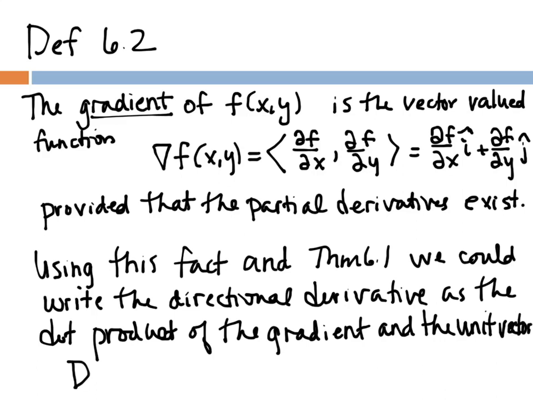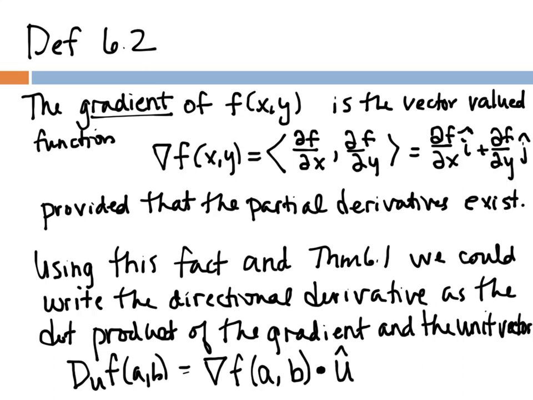In other words, D u of f at a b could be written as the gradient of f at a b, or we could use x y, that'd be fine. And it's the dot product, right? It's actually a dot there, not multiplication, but it's a dot product because these are both vectors, the gradient and the vector u. And remember, all dot product means is the component-wise multiplication and then summation of those components. Okay, and that's exactly what we just did.